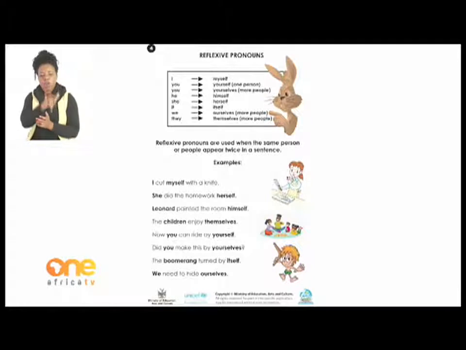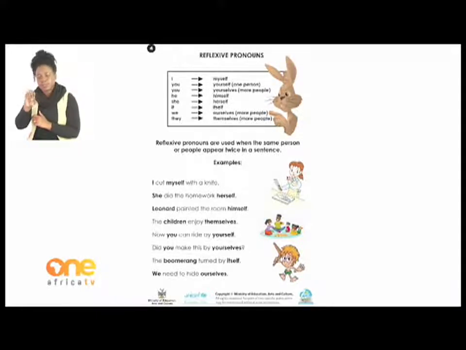You. You can be one person, or when we are referring to more people. So if it's one person, it has to be yourself. If it's more than one person, it becomes yourselves. He. When we are referring he to a reflexive pronoun, it becomes himself.